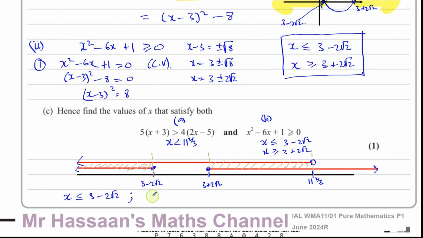It starts at 3 plus 2 root 2, and x is greater than or equal to that. And here you can't include the 11 and 2/3 because it's not included from this one. It's included from here but not from there. So we put less than 11 and 2/3. And here we have the answer which satisfies both of those two inequalities that we solved from part A and part B.